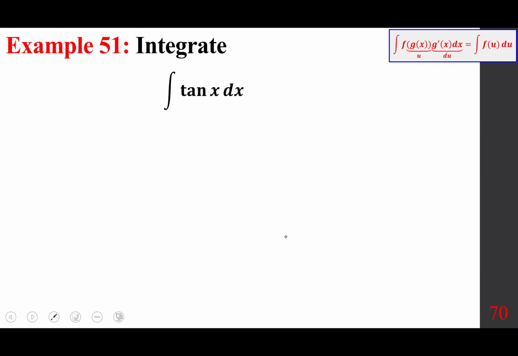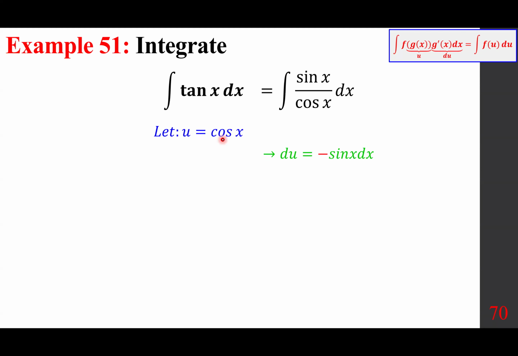What about tan x? What is the integral of tan x dx? We use trigonometric identities and change the tangent to sine over cosine. And in a fractional format, when you can't simplify the denominator, that is always the choice of u. You know the derivative of cosine is negative sine, so du is negative sine x dx.